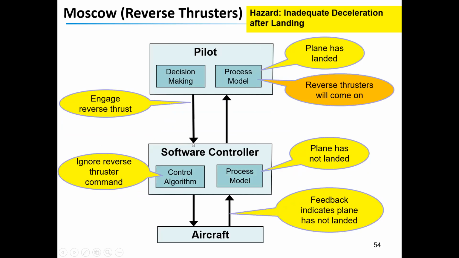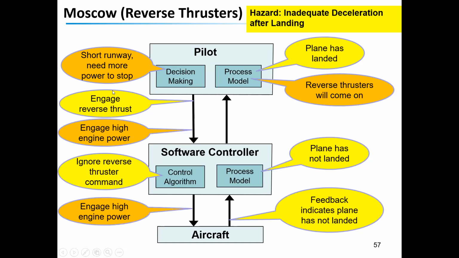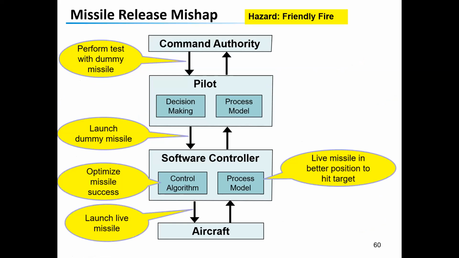But this was a little different because the pilot believed that the reverse thrusters would come on. He said, there's a short runway. I need more power to stop. So along with the command to engage the reverse thrusters, he issued a command to engage high engine power. The software said, well, I'm going to ignore the reverse thruster command, but there's nothing wrong with engaging the high engine power. And we could do this for the missile release, but I think we don't have time.